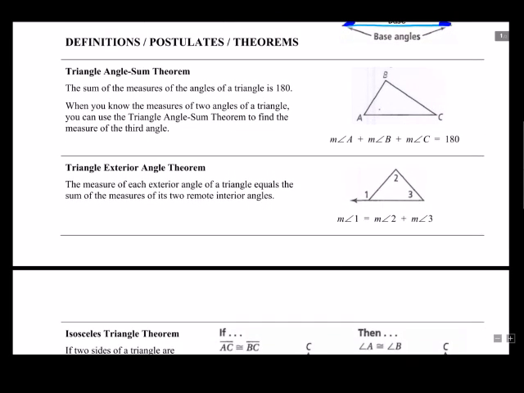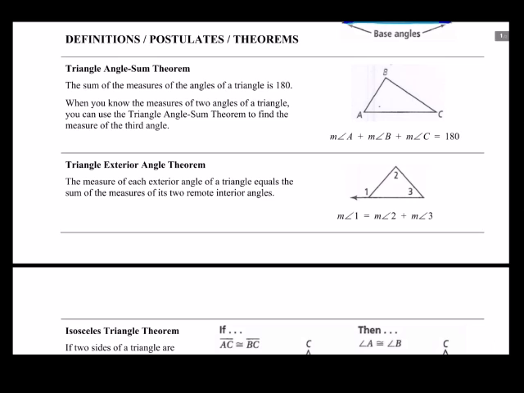This brings us to our definitions, postulates, and theorems. And here is a very useful theorem, and it is my all-time favorite. It's the triangle angle sum theorem. And guess what we're going to do? We are going to sum the angles of a triangle. The sum of the measures of the angles of a triangle is 180.